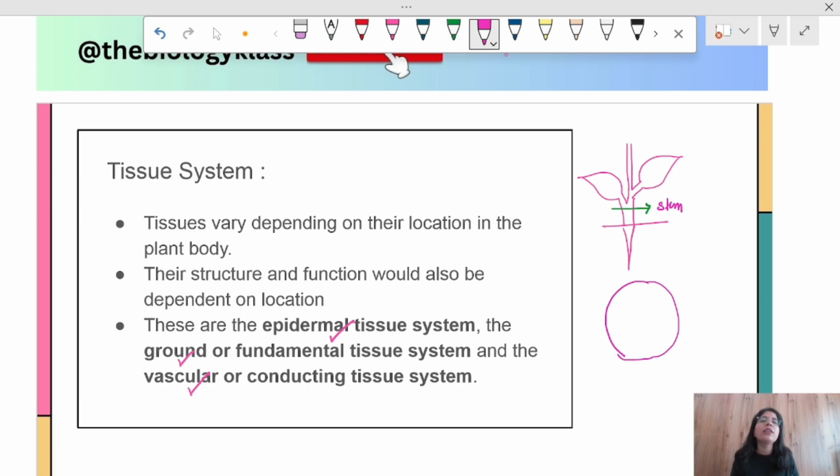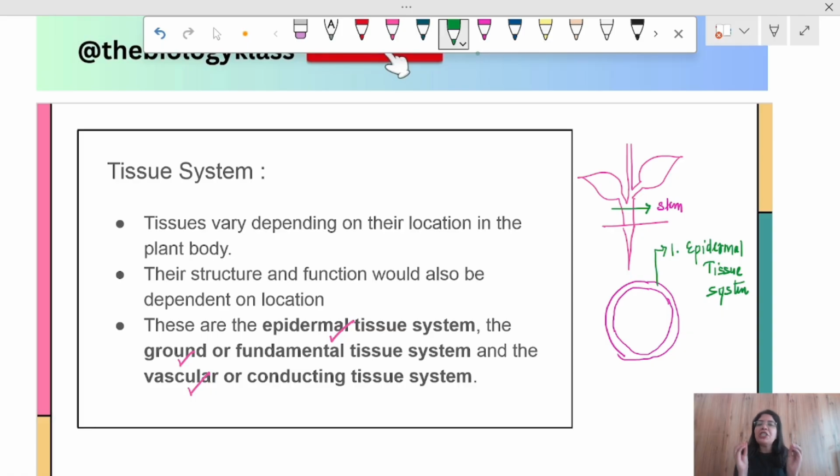So when I cut the stem, I will see the outermost layer, which is protective in nature and covers the entire plant body. That will be considered as the first type, which is mentioned here, epidermal tissue system. This epidermal tissue system is protective in nature. It is covering the entire plant body, right?